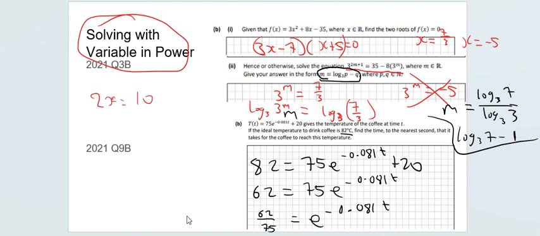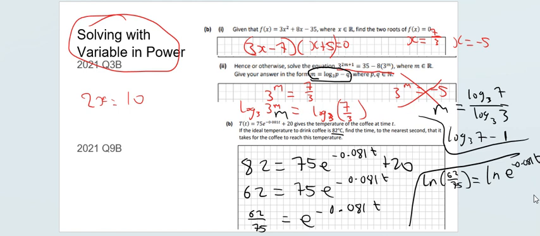0.081t. Now the reason I want to put this in as well is because you've got an e here, so what you'll have to do is put an ln, or natural log, on both sides. So you'll get natural log 62 over 75 is equal to natural log e to the power of minus 0.081t.